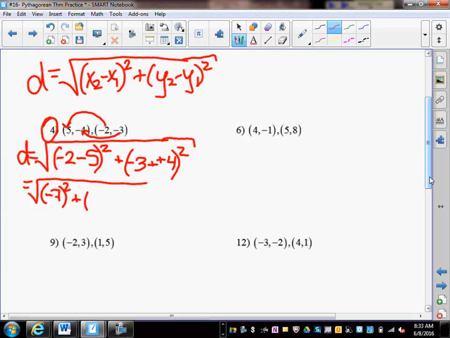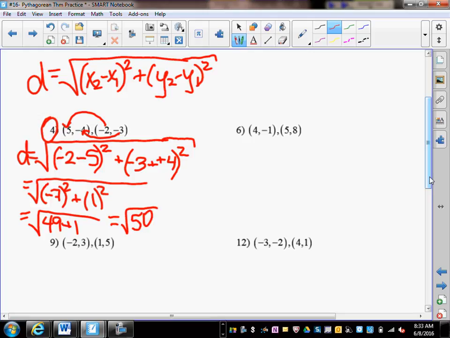So negative 3 plus 4. It's going to give me a positive 1. Positive 1, good. Square. Okay. What's negative 7 squared? Very good. So again, don't lose your square root. And what's 1 squared? And 49 plus 1? Good. So square root of 50.